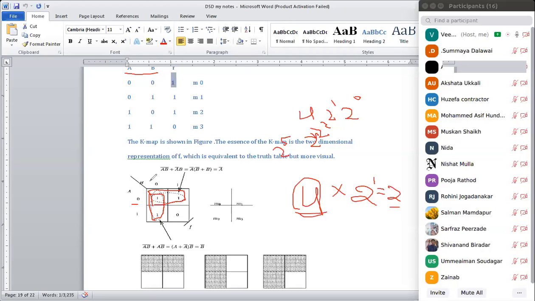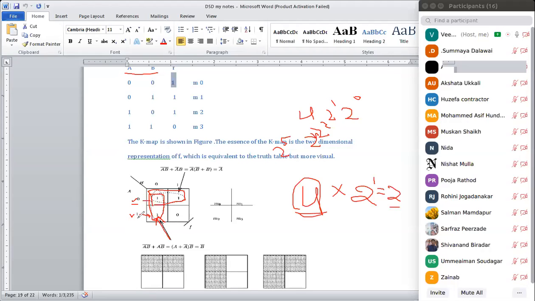Let us see the first group here. From this group, what output am I going to get? Now here for this first row and second row, A is going to be 0 and 1. One time A is going to be 0 and another time A is going to be 1.